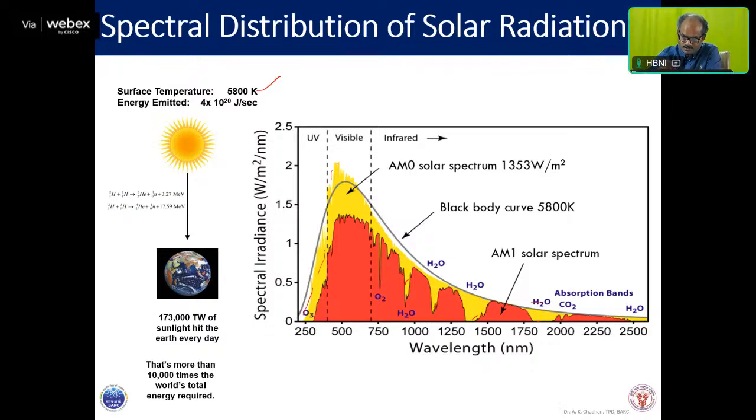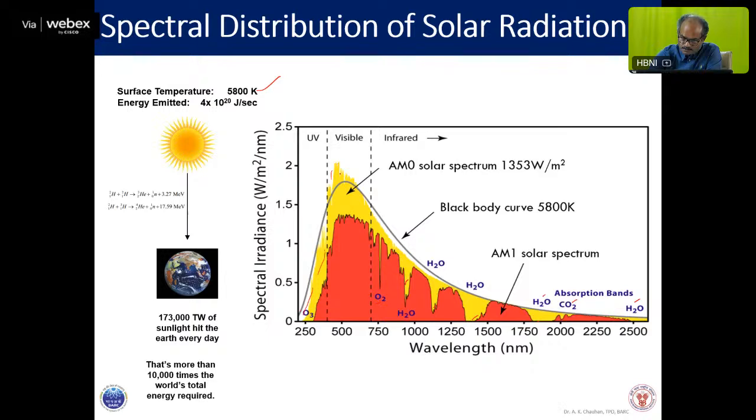And when it comes inside the atmosphere and travels up to the Earth surface, we see that there are a few bands which are absorbed by the molecules in the atmosphere. These molecules are water molecules, CO2, H2O, and these are the corresponding H2O bonds. Then we have oxygen also, and then ozone also at the outer surface.